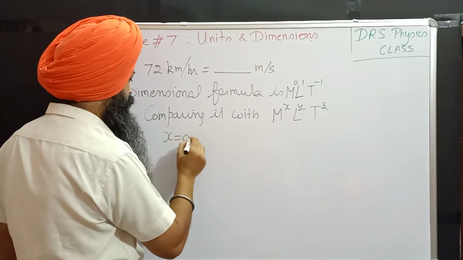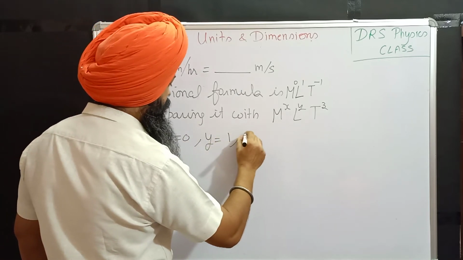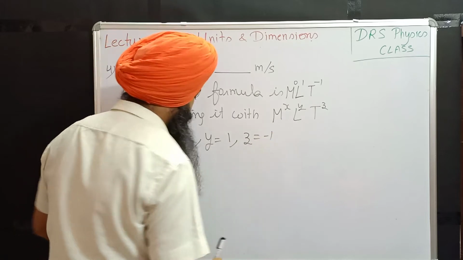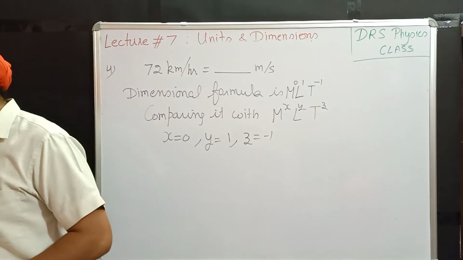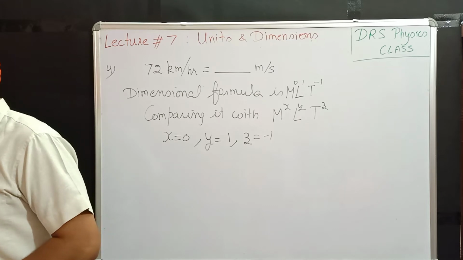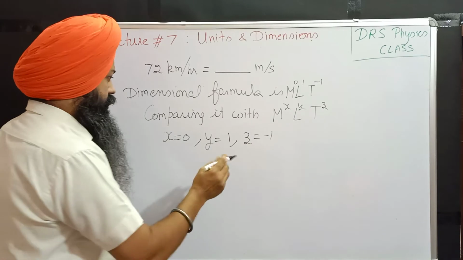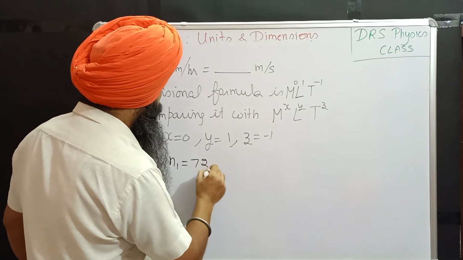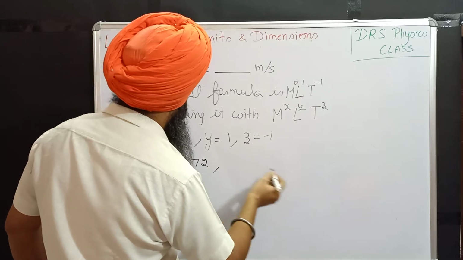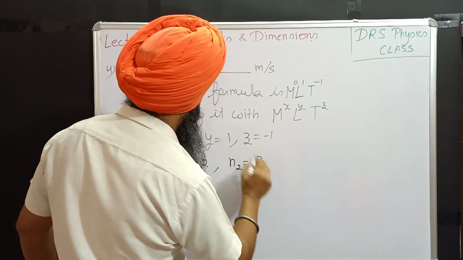X 0, y 1 and z minus 1. Further, n1 is 72 and this n2 is to be found.